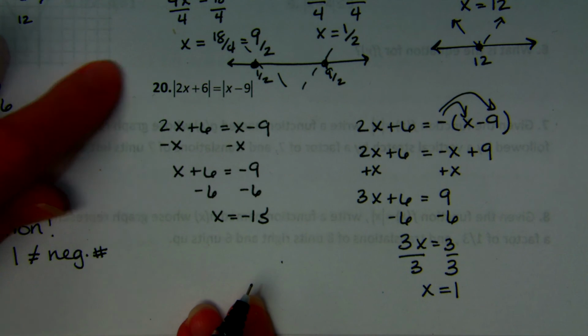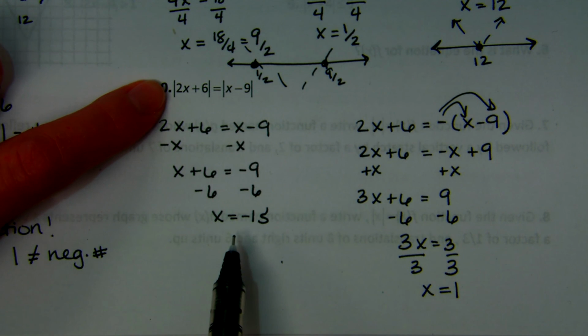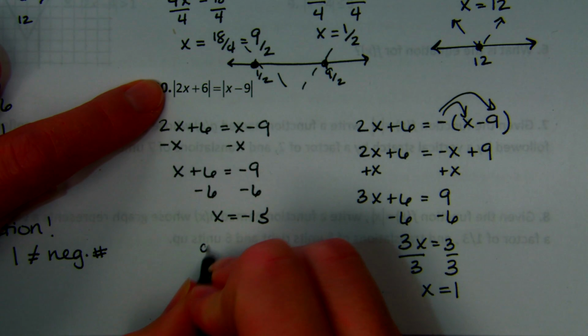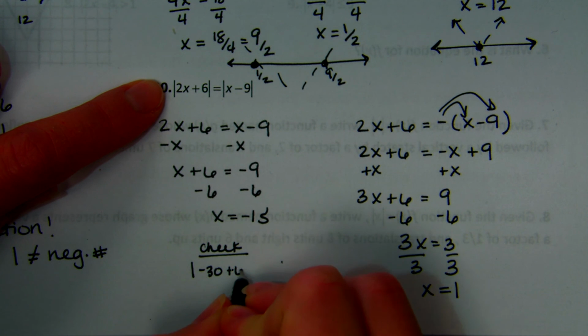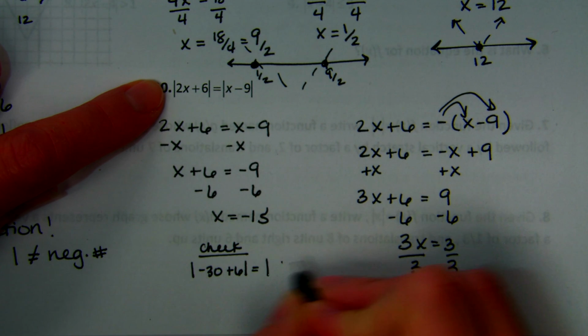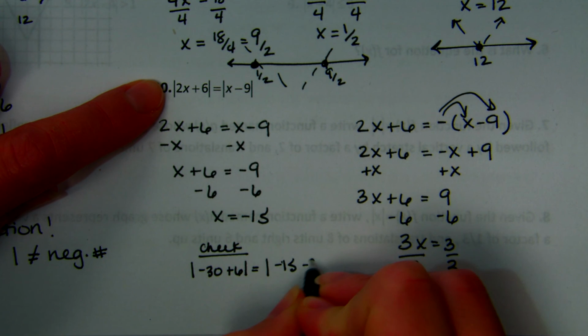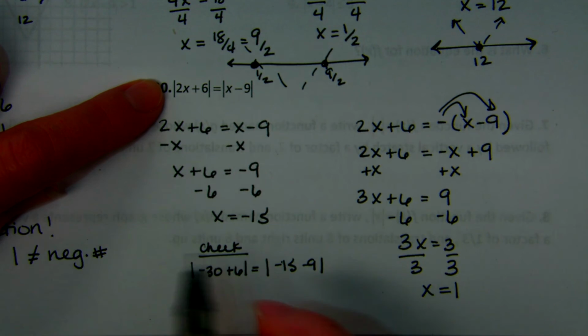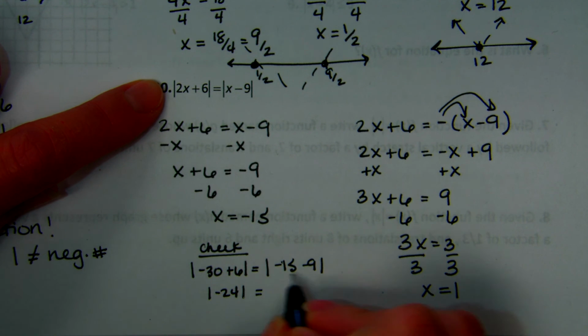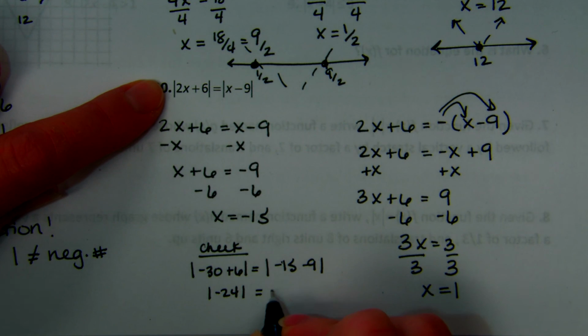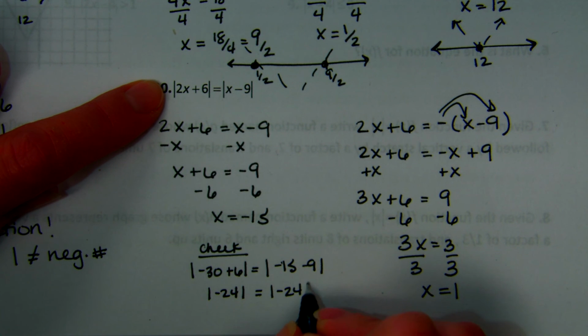So when we plug in the negative 15, we get the absolute value of negative 30 plus 6 is equal to the absolute value of negative 15 minus 9. Negative 30 plus 6 is negative 24, and negative 15 minus 9 is negative 24.